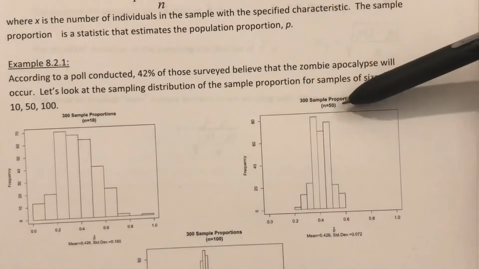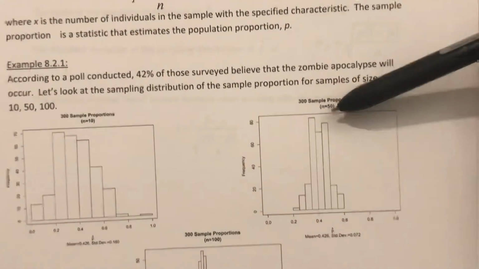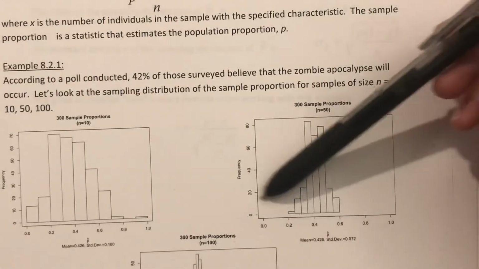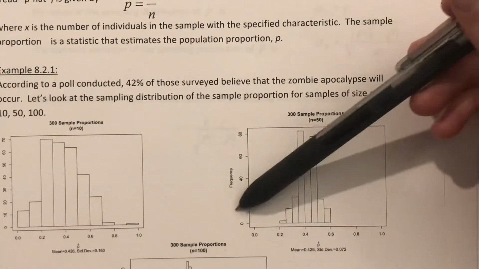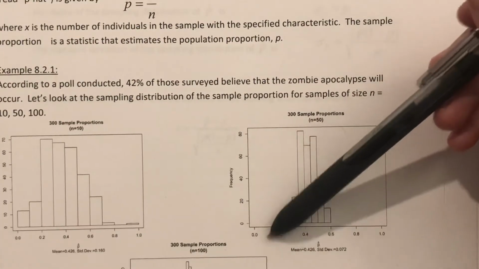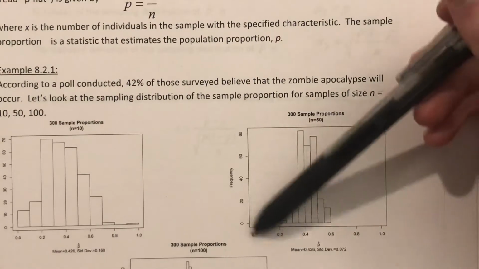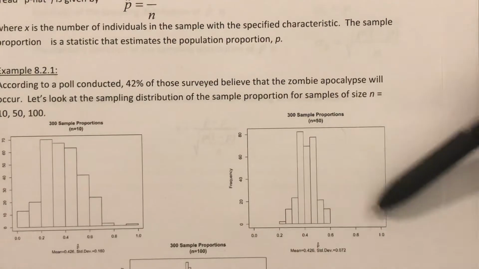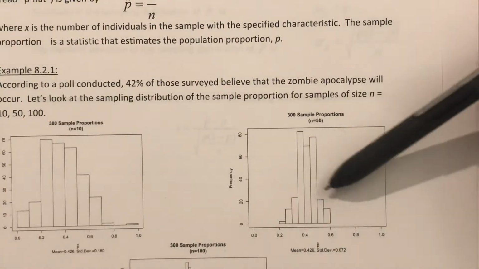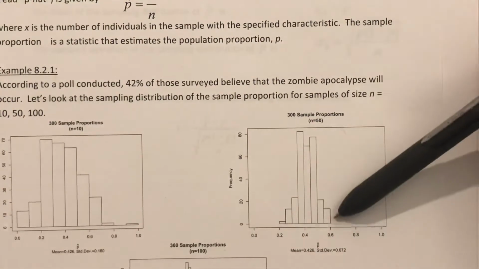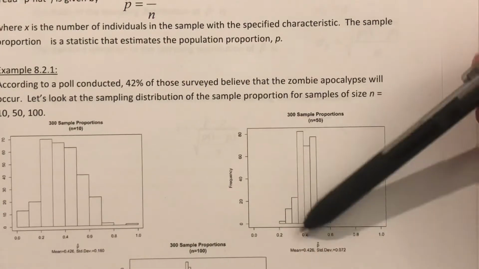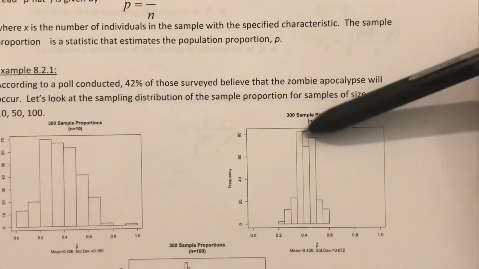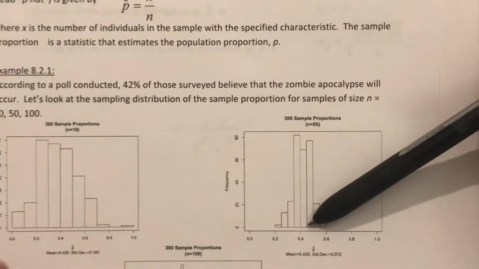But if we increase that sample size so that every sample now includes 50 people, notice just like with the dice, it's much tougher. In fact, it's almost impossible to get 50 people where no one believes the zombie apocalypse will occur or everyone believes it will occur, right? The average, some do, some don't, the proportions start falling closer to that 42%, right? You notice they're kind of centered around roughly 40%.